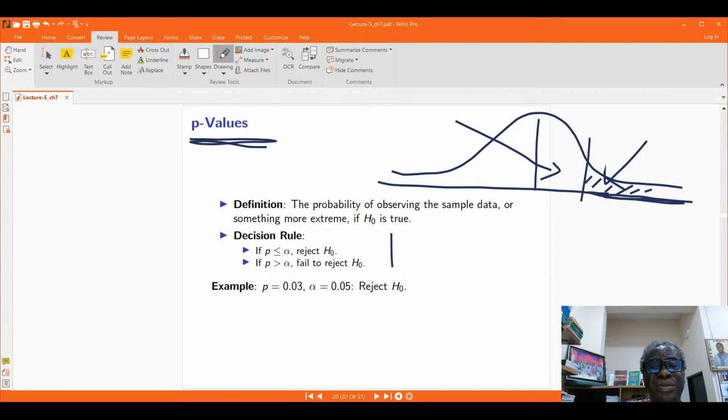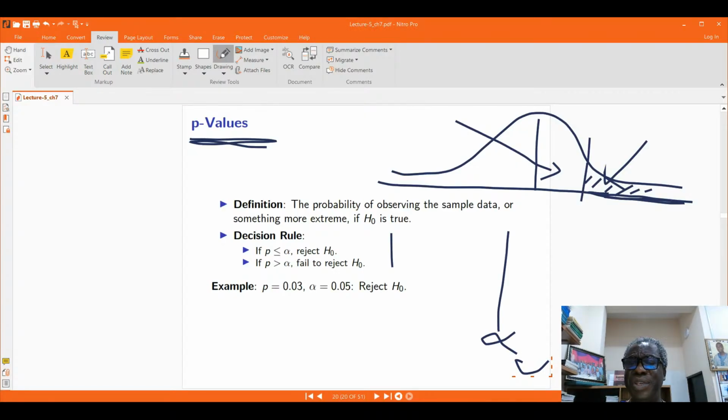If the p-value is greater than the level of significance, then you fail to reject the null. You can have a line here, and this is your alpha.